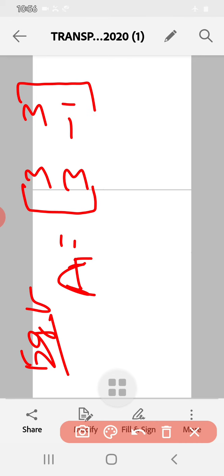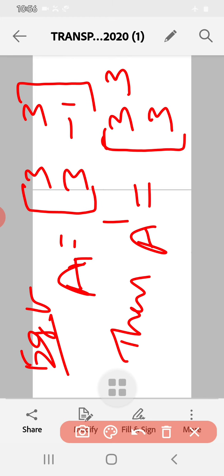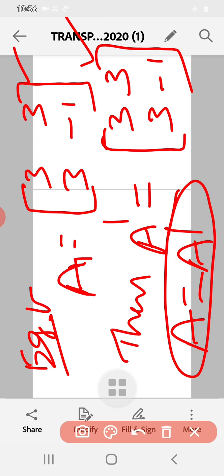Let us consider this matrix. Then we have to consider the transpose here, so I have to interchange the rows and columns. Both are the same here. So what we are observing here is A is equal to A dash. Therefore, A is a symmetric matrix.